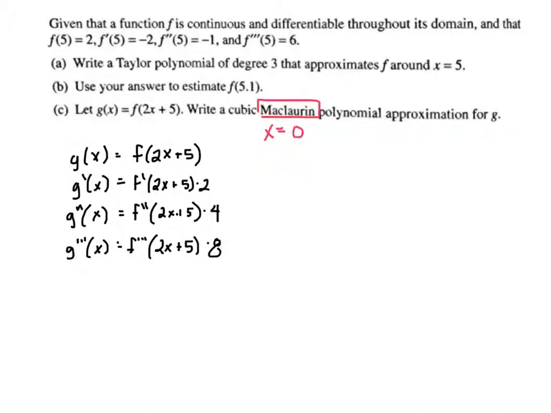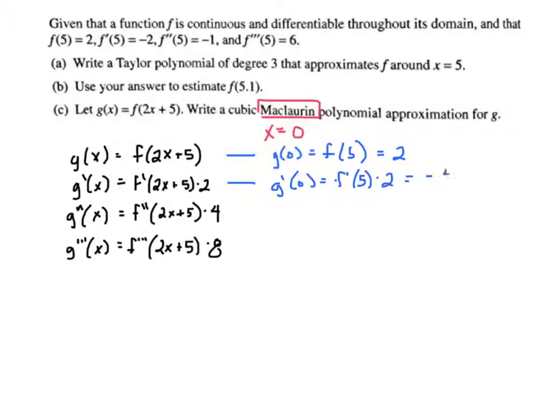Okay. So now, because we talked about the fact that you can't really do a shift left or right unless you have some kind of key to do it, I want you to think about this. g of 0 is the same as, if you plug 0 into both, 2 times 0 plus 5, well, that's the same as just f of 5, which we were given. That's 2. g prime of 0 is the same as f prime of 5 multiplied by 2.